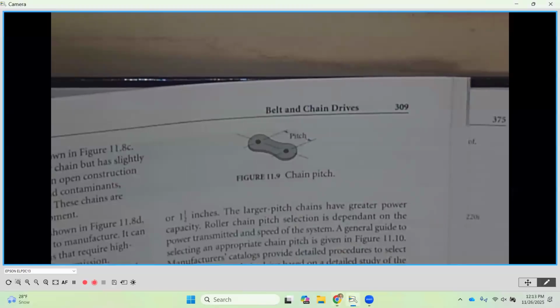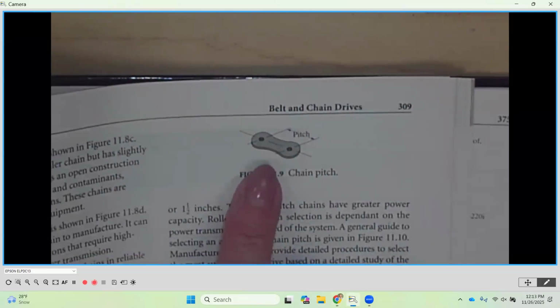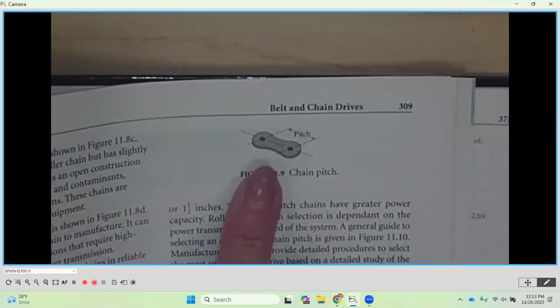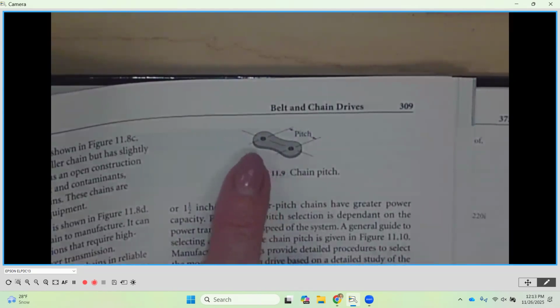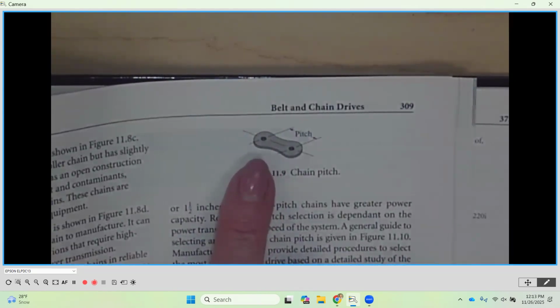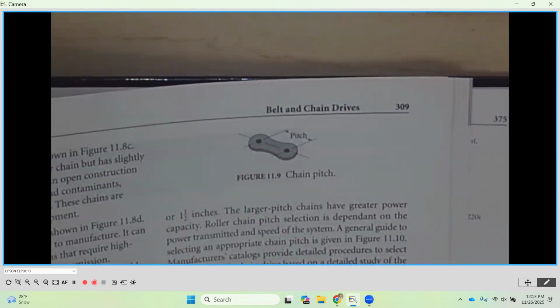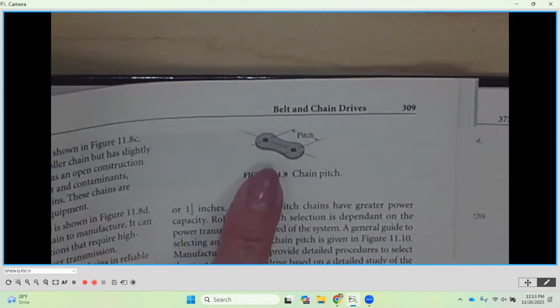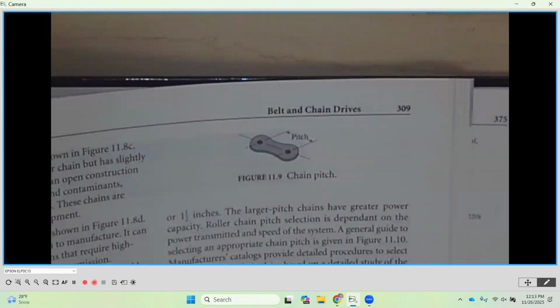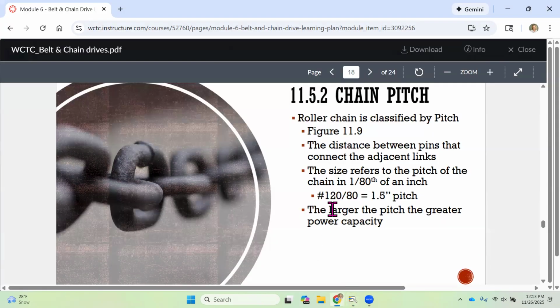So if I go back over here, that would mean for a number 120 chain, this distance between the two holes on our side plate, which is the distance from one roller to the next, is going to be 1.5 inches, okay? If we change that number and say, oh, well, it's number 60 chain, which is another popular one, we divide that by 80, that's going to be what? 60 divided by 80?